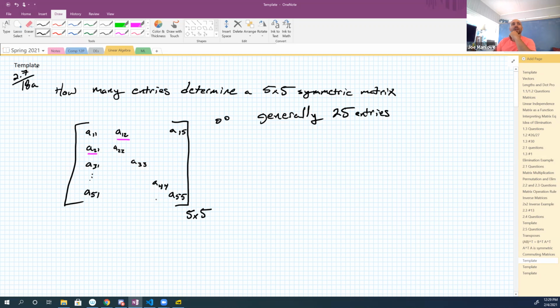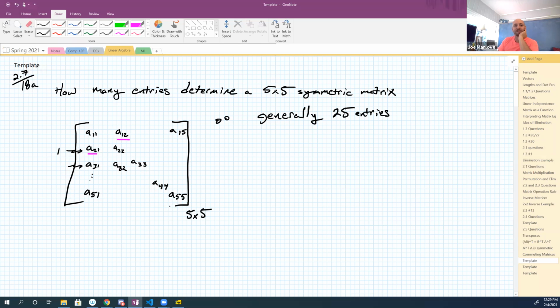Okay, so how many entries are there below the diagonal here? Ten. How'd you get 10? I subtracted 5 from the diagonal and was left with 20, divided by 2.